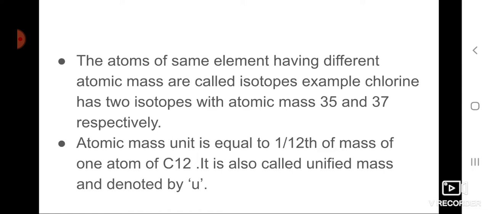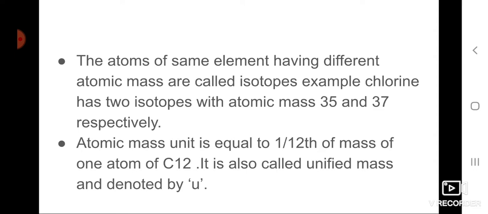According to IUPAC, the atomic masses are defined as, see, what is the atomic mass of an element? The average mass of an atom of an element is known as its atomic mass.